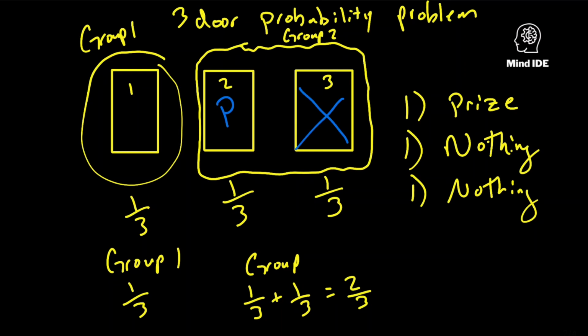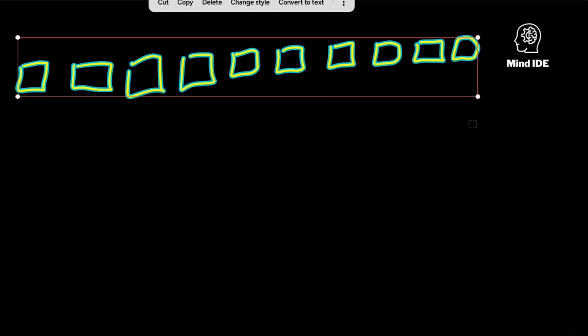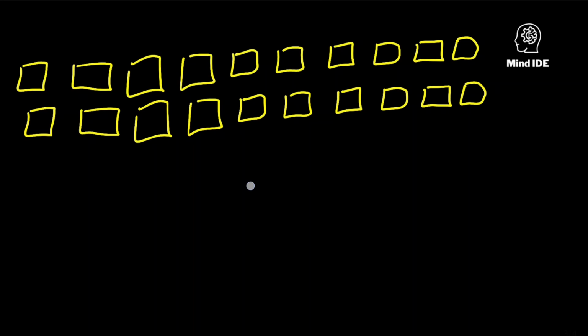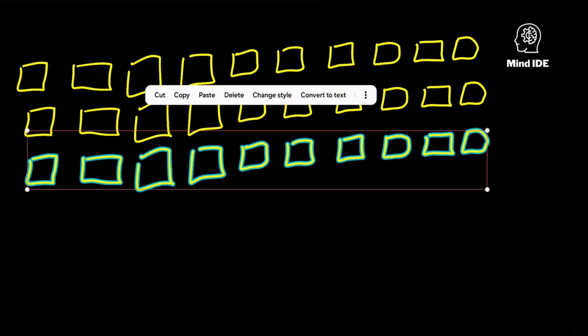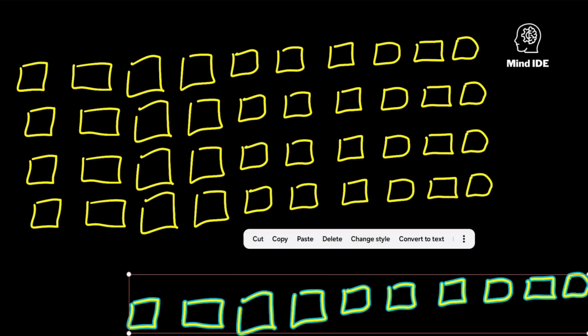That might not seem to make logical sense, but usually I think the best way to make sense of it is instead of having 3 doors, if you increase the number of doors. 2, 3, 4, 5, 6, 7, 8, 9, 10. Okay? So we have 10, 20, 30, 40, 50.